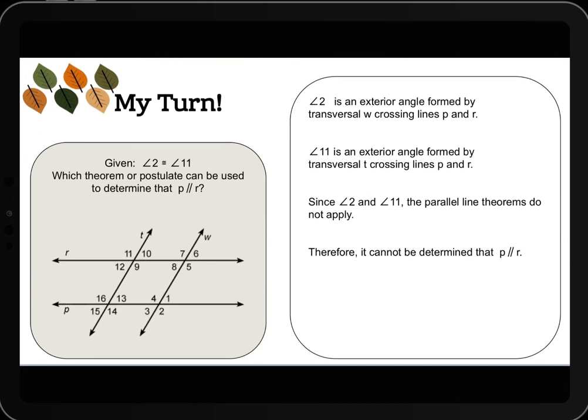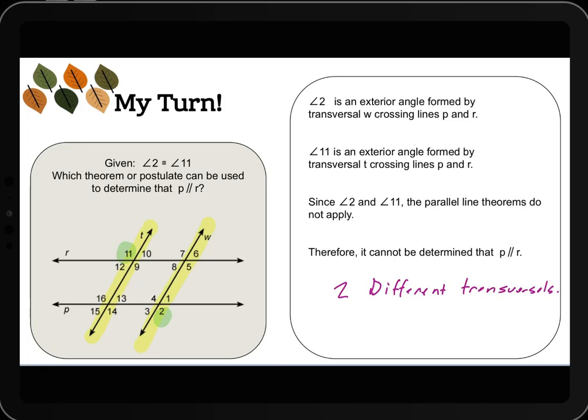In this example, I want to show that the lines P and R are parallel. However, I demonstrate that that isn't possible. The reason why is because 2 and 11, while we state that they are congruent, they belong to different transversals. We have two different transversals.